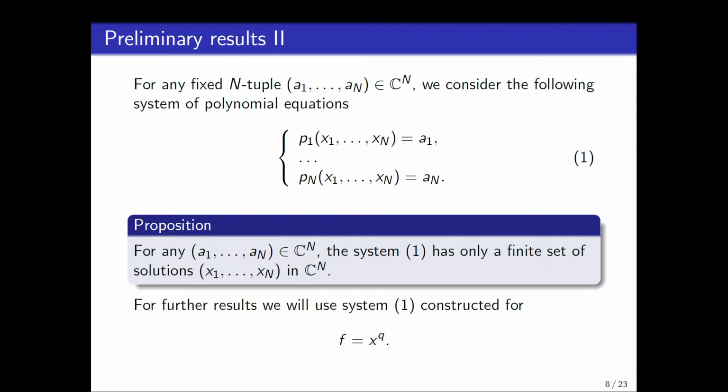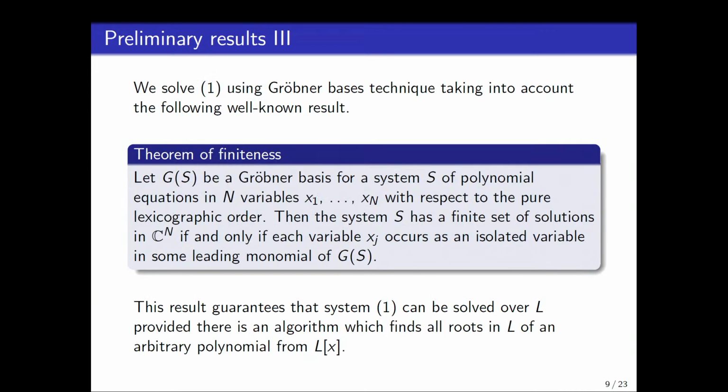And the first proposition is that for any collection A1 to AN, the system 1 has only a finite set of solutions. We will need this result later on for the special case when f is x to the Q's power. Okay, a brief sketch of how we prove this result.